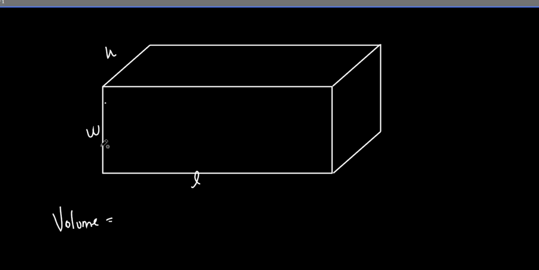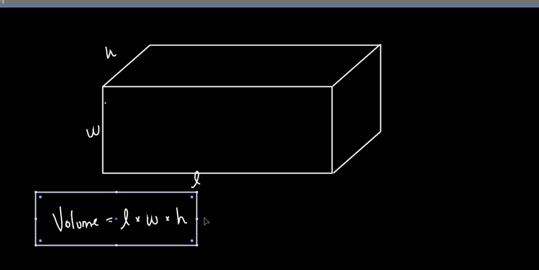That's way easier than finding the surface area of the thing. I'll put x for times: length x width x height. And that is something that you need to memorize. And it's not that hard. You just take the three different measurements.